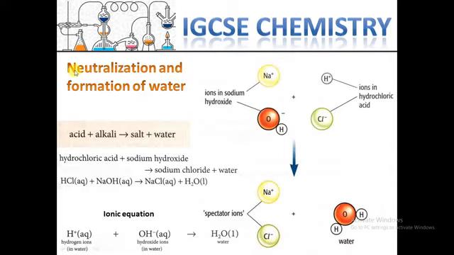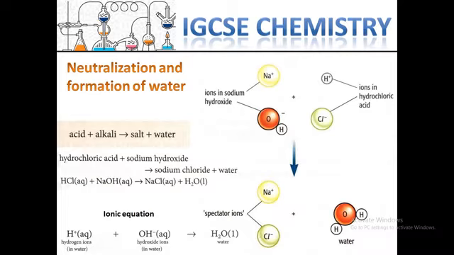Let's look at the neutralization and formation of the water. This is the original form of a neutralization. Acid and alkali can react to each other and produce salt and water. So far we were talking about the salt, but now just focus on the water.